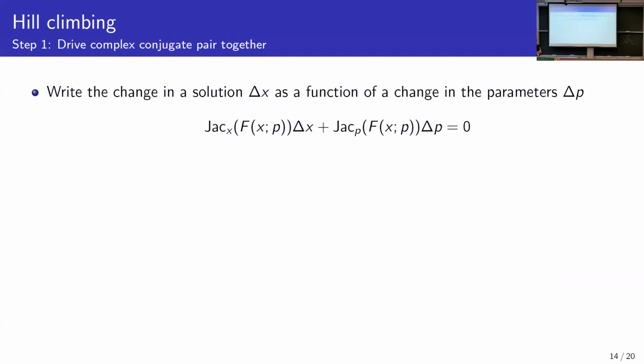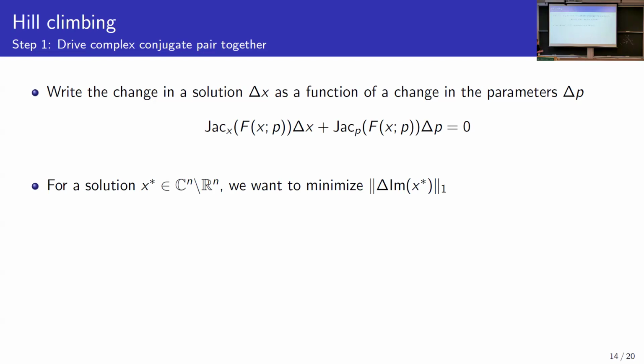The key idea here is that I can linearize my parameterized polynomial system. Here, J_x is the Jacobian of my polynomial system with respect to x, and J_p is the Jacobian with respect to the parameters p. And what you see here is a nice linear relationship that expresses the change in one of my solutions as a function of the change in my parameters.